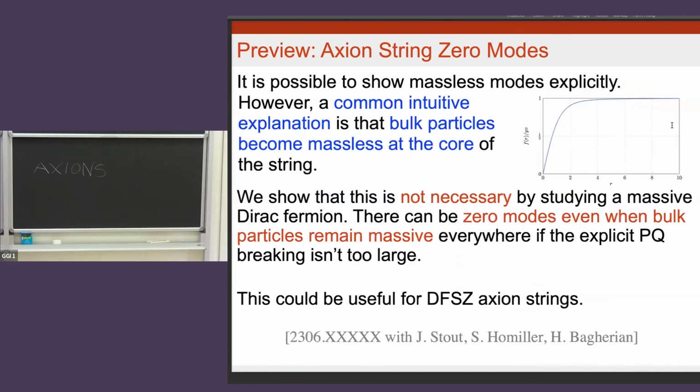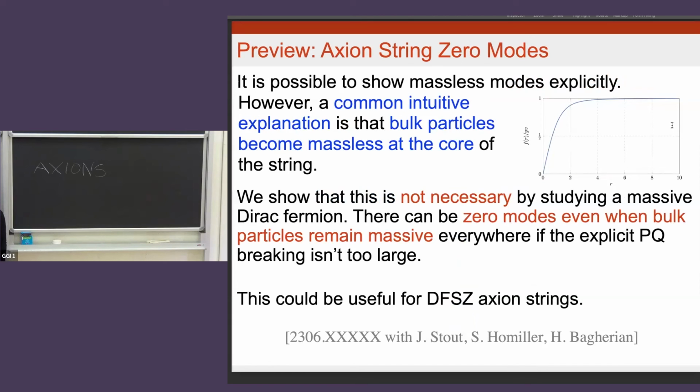And so we can show explicitly that these massless modes exist, but there's a common and intuitive explanation, which is that we expect modes to be massless because as we go toward the string, the potential goes to 0, and so we expect something massless to show up at the core of the string. Our work is looking at the fact that this actually isn't necessary, by studying a massive Dirac fermion.